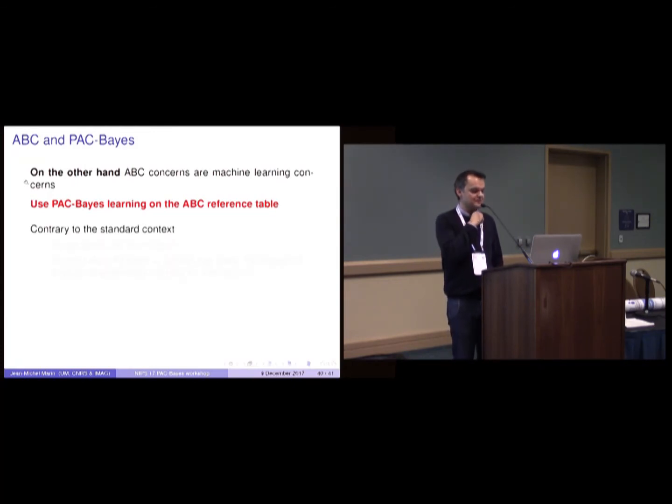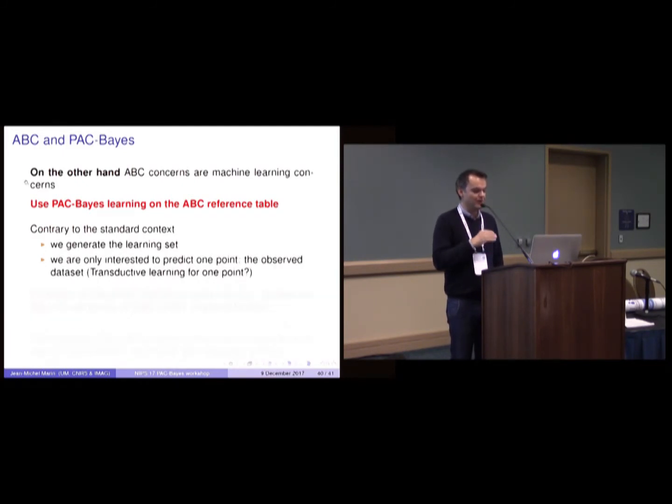And contrary to the standard context, we have two specific things. I repeat, but teaching is repeating. We generate the learning set, and we are only interested in predicting one point, the observed dataset. And there is some connection perhaps and some possibility to use some PAC-Bayesian methodology, especially designed for these things.